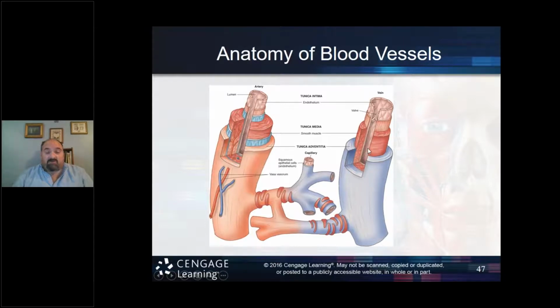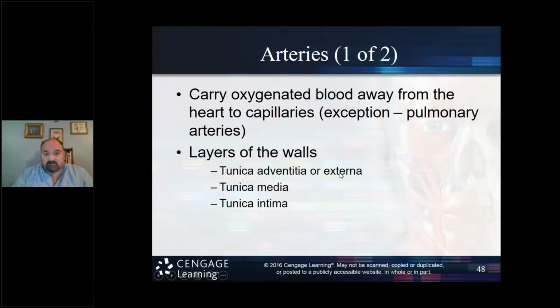The veins carry a lower pressure, and as such, we want to prevent a backflow, so the valves assist in that. So again, knowing that the arteries are carrying this oxygenated blood from the heart to the capillaries, right? Except for, and we know the exception, the pulmonary arteries and pulmonary veins.